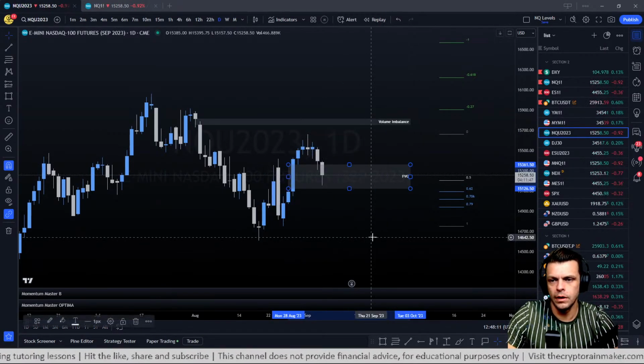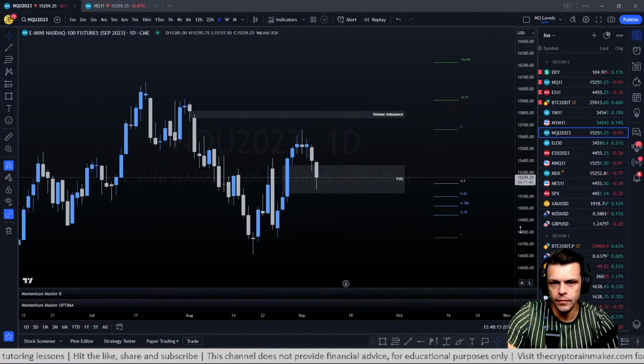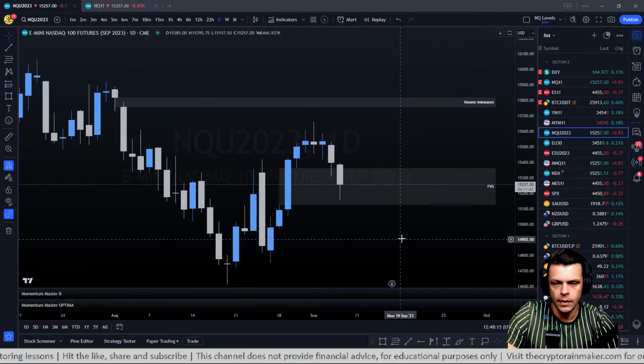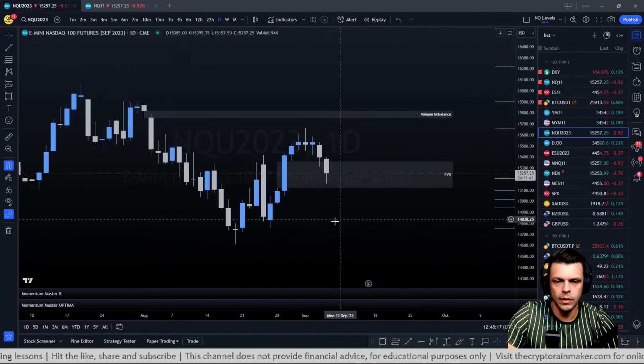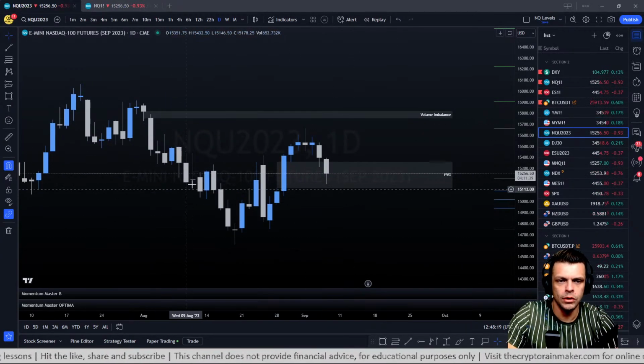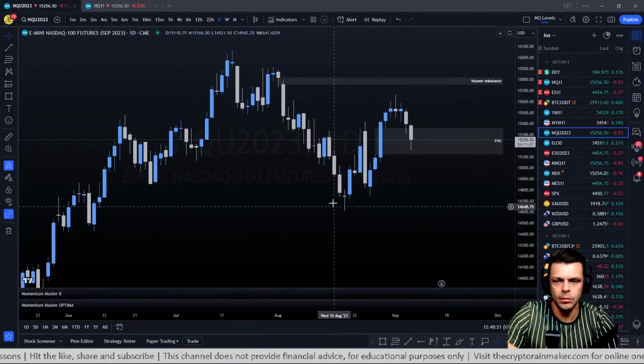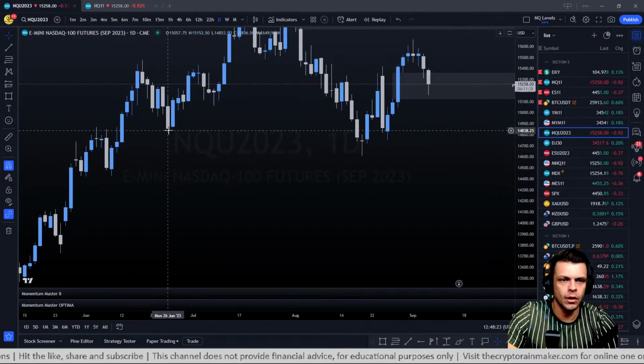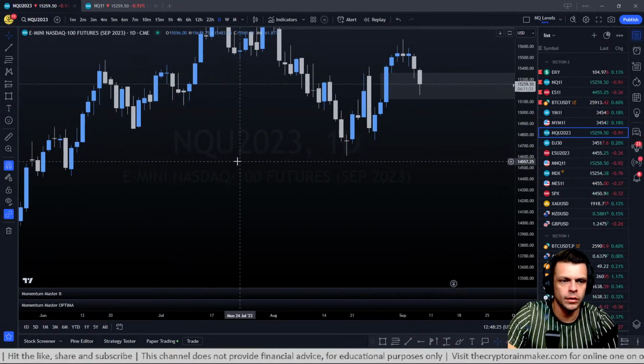Our daily fair value gap. Okay, so the daily is still in bullish market structure after it came down to knock out all of the liquidity right here.